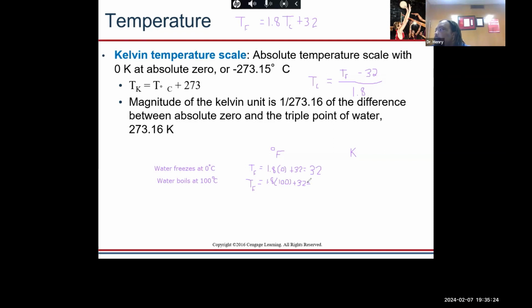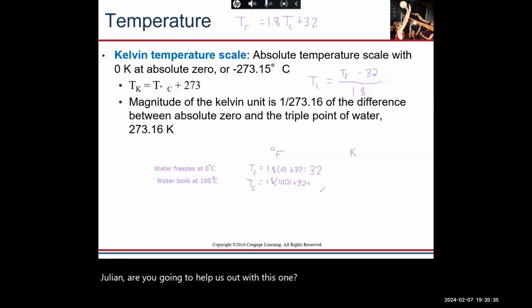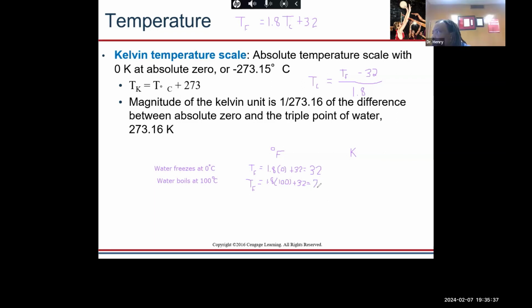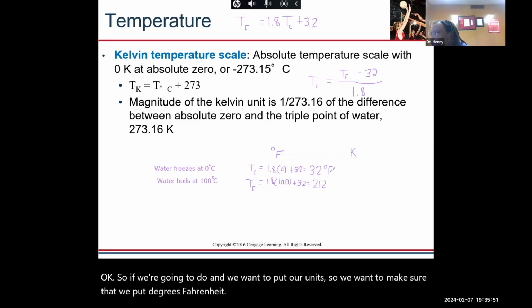Julian, are you going to help us out with this? Okay, 212? That is correct. So if we want to put our units, we want to make sure we put degrees Fahrenheit. Otherwise, we don't know what we're talking about.